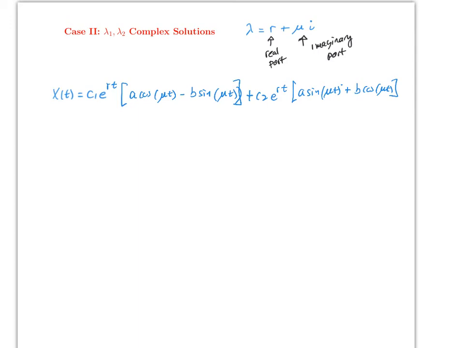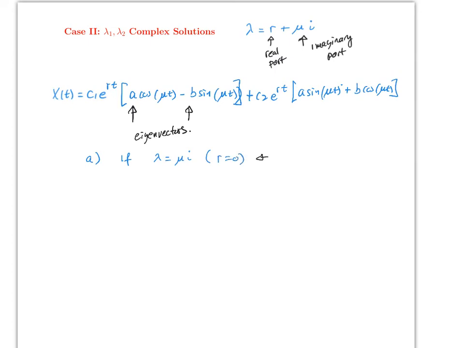Remember that a and b were eigenvectors. Now again, just like when the two were complex, you're going to have technically three cases here. So subcase A: if lambda is equal to just mu i, which means that r is equal to 0.